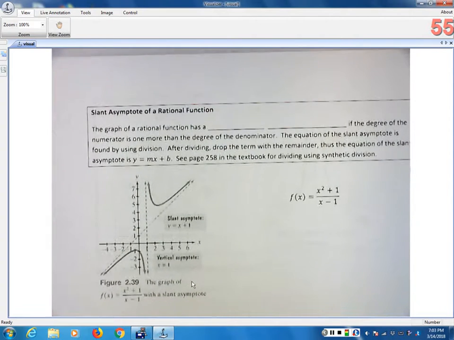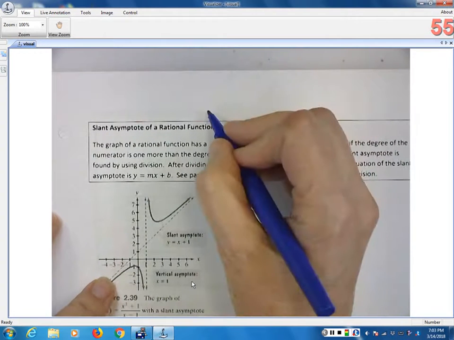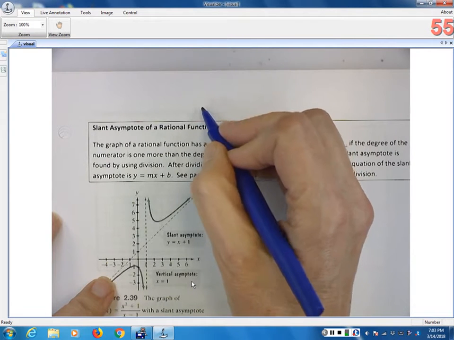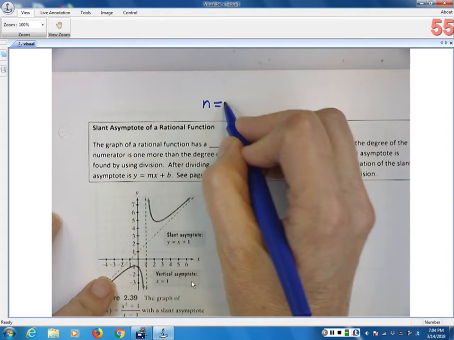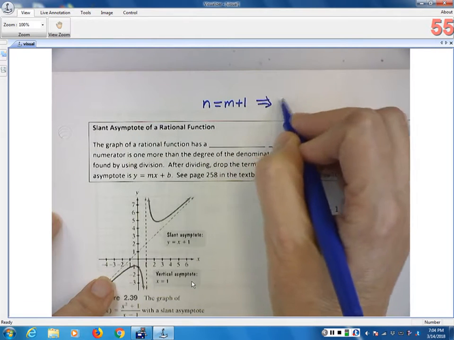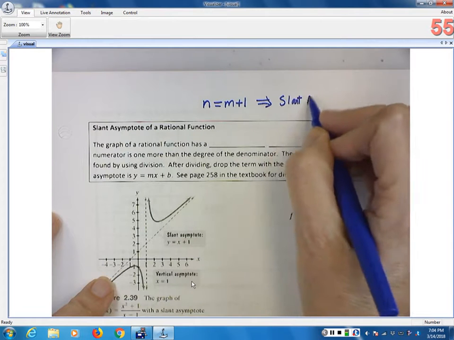All right. We're on slant asymptotes. So these words down here say that if n is the degree of the numerator, if n equals m plus 1, there is a slant asymptote.